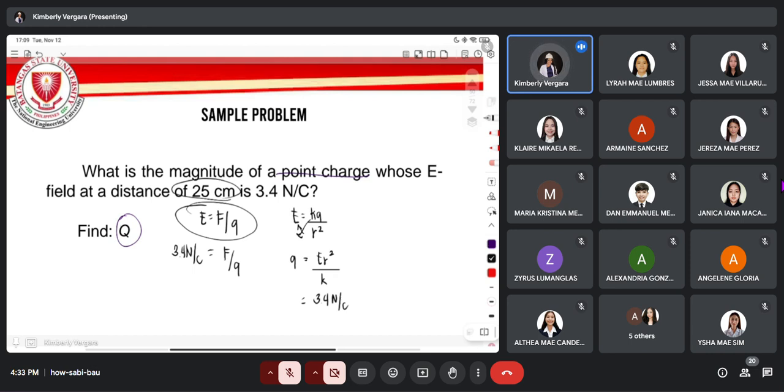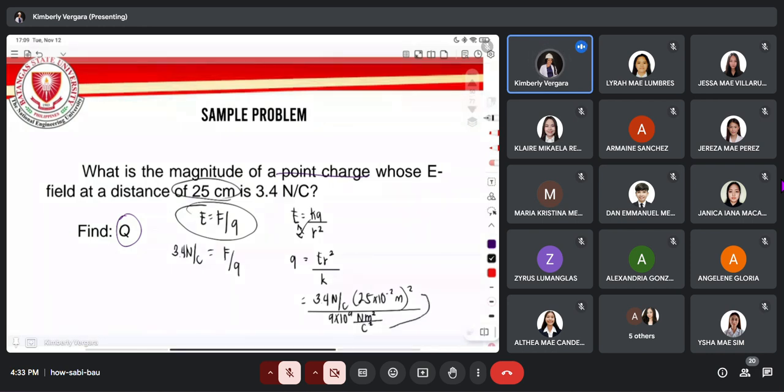Our k is 9 times 10 raised to 9 Newton meter squared over Coulomb squared.